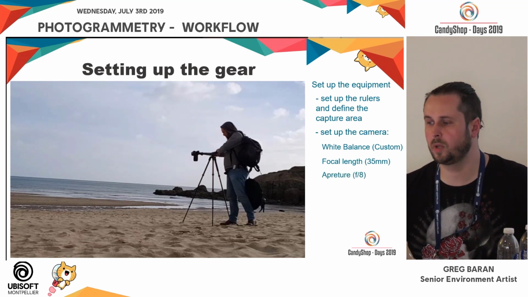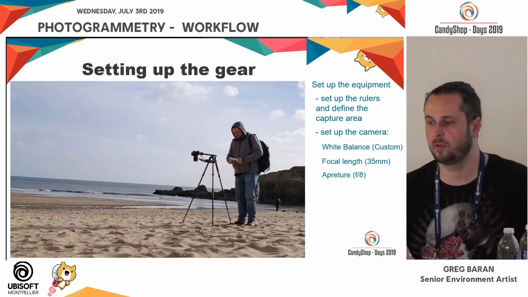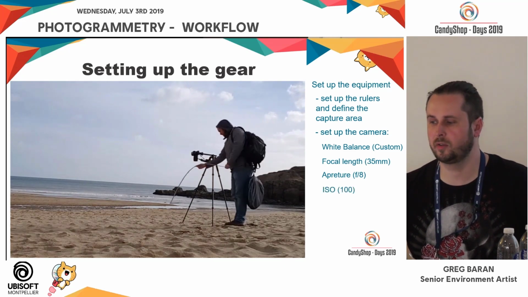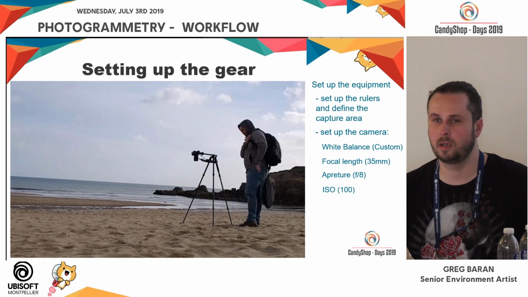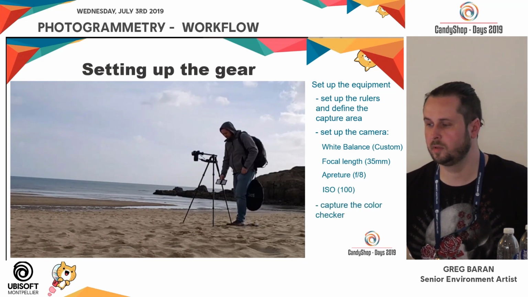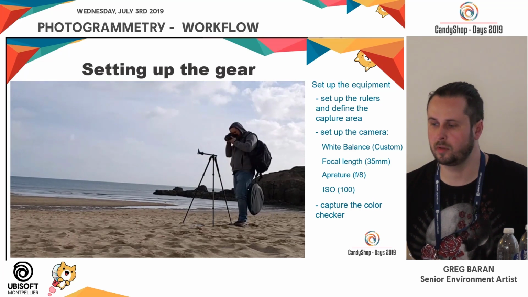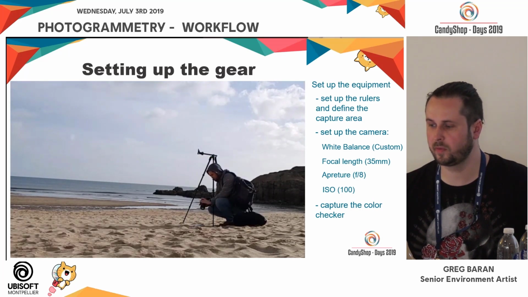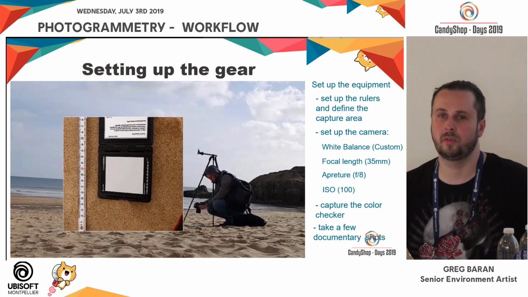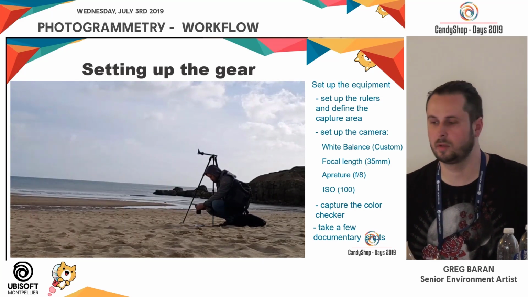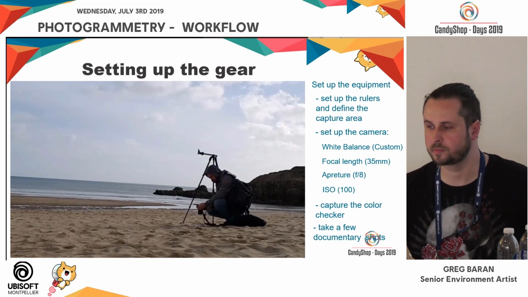In this one, I set white balance to custom, focal length to 35 millimeters, aperture to 8. Usually I shoot everything with 8. And I set ISO to 100. In here, I'm shooting the gray card to set up the white balance. And also, I'm taking a few additional shots with my mobile to see the location and get the context later.